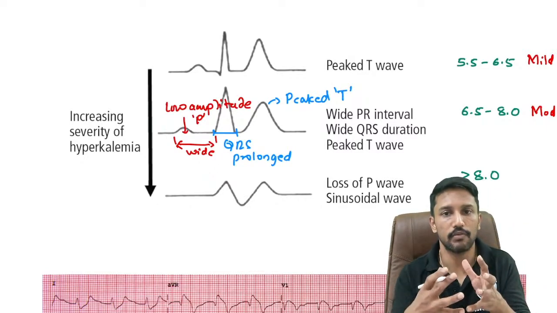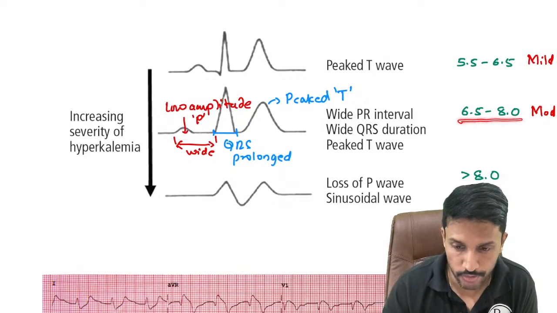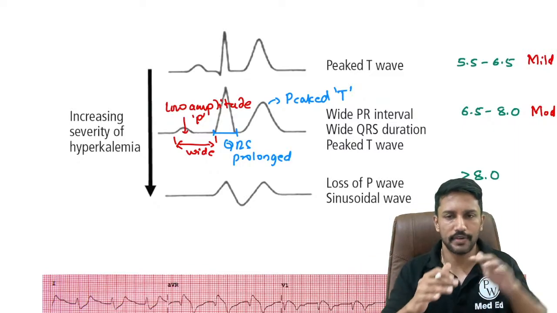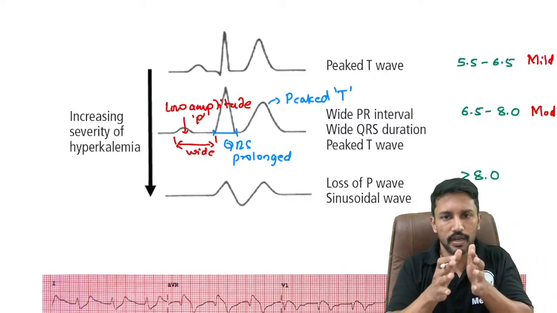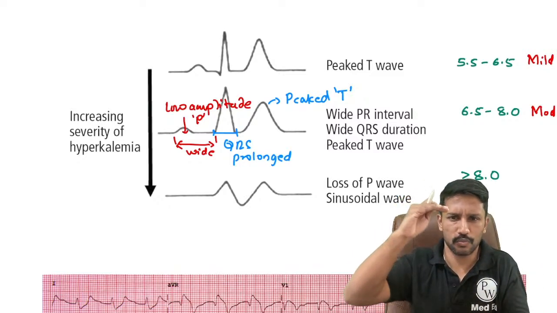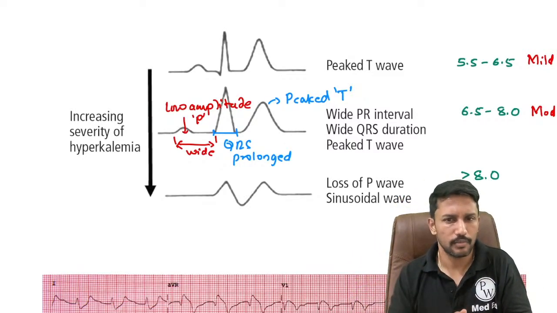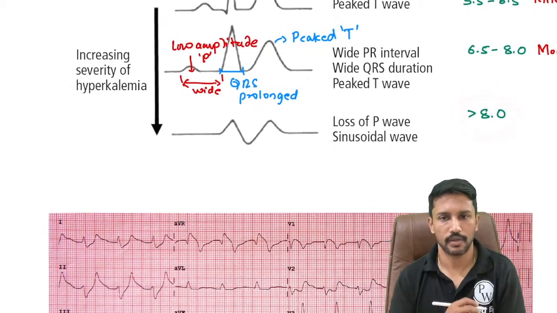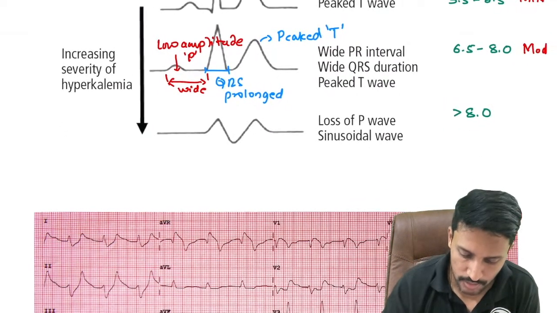So that is the second level change that we see when potassium level is 6.5 to 8. So first thing is only T wave become tall. After that, P started becoming short, PR started becoming prolonged, QRS started becoming wide, and the T continues to be tall and peaked. As the potassium level exceeds 8, we will call it as severe hyperkalemia.